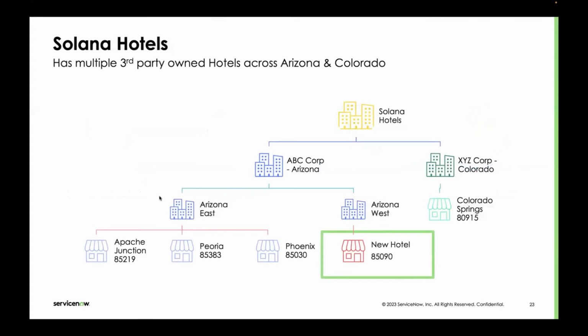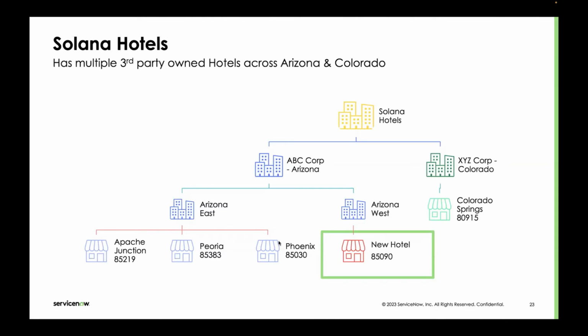With that, I'm just sticking to the same example of hospitality. Just want to let you know that this is not specific to hospitality. It can be applied to any vertical. Just to continue the flow, Solana Hotel has franchised the business across Arizona and Colorado. Let's say ABC Corporation owns all of the Arizona hotels, and XYZ is the corporation which owns Colorado.